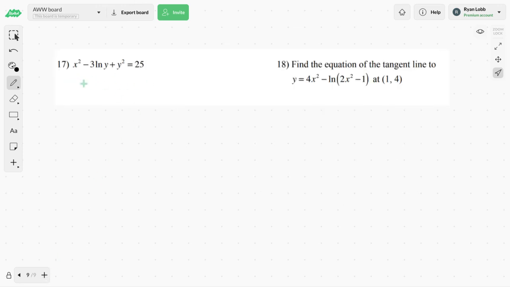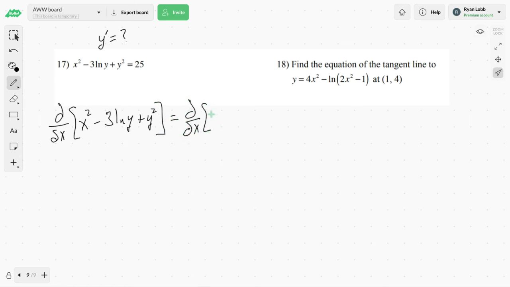Over here, now we start to combine various things. I want to find the derivative for here. What's y prime? Take the derivative on the left, take the derivative on the right.